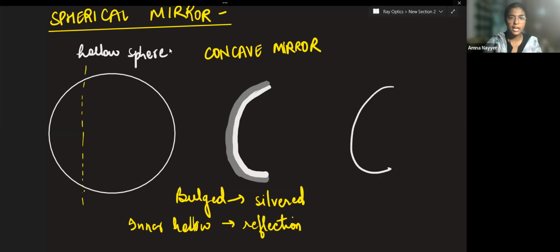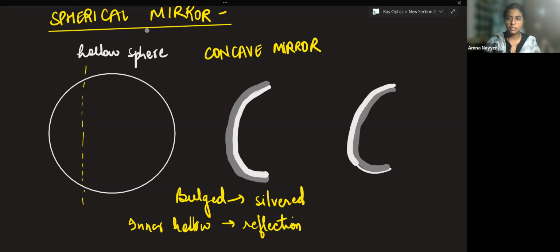Now, if I apply silver polishing to this surface, see, this surface is now acting for reflection to occur.